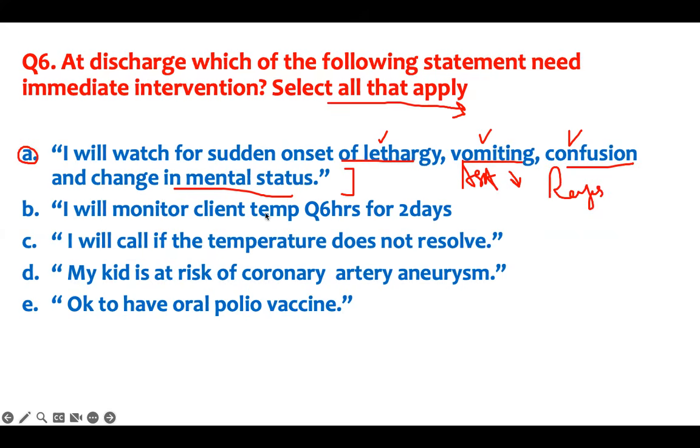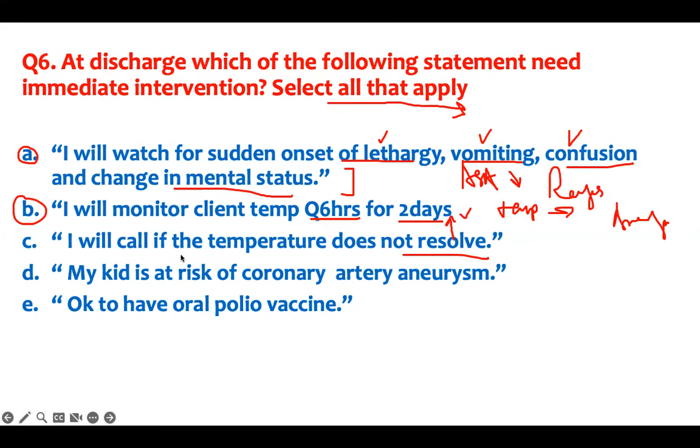I will monitor client temperature every 6 hours for 2 days. Yes, I told you every time the temperature persists, we have aneurysm formation. So we want to break the temperature as soon as possible. The first 2 days is critical when you discharge them home. So do that. I will call if the temperature does not resolve.